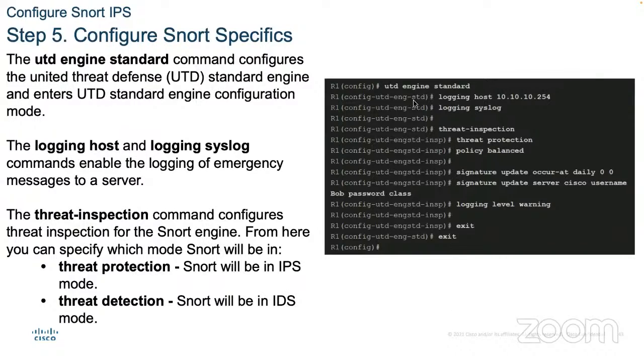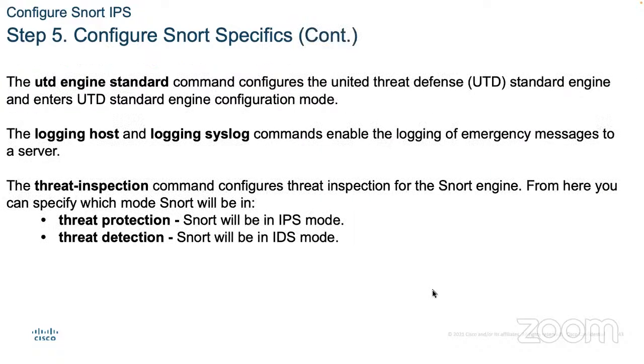Enable UTD, the Unified Threat Defense, and enable logging, of course. Now, if you want it to be an IPS, you set it with threat protection, so it'll take action versus just letting you know.